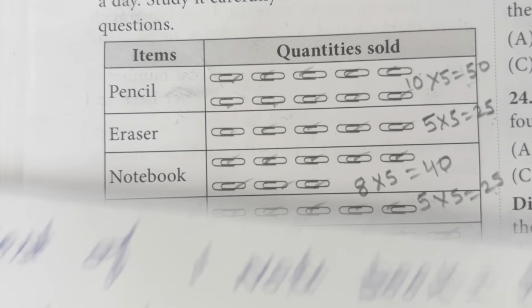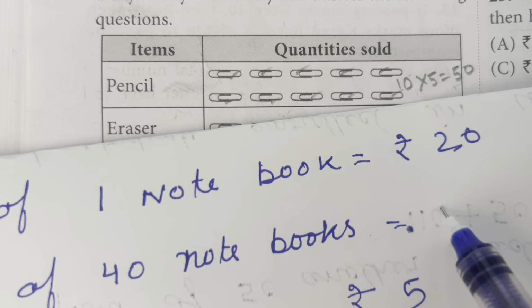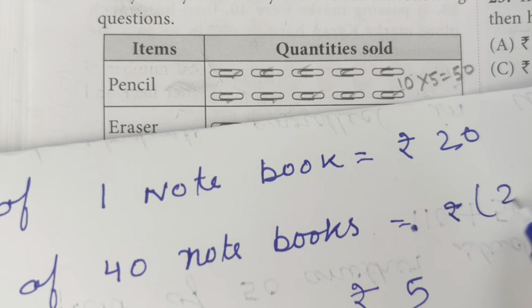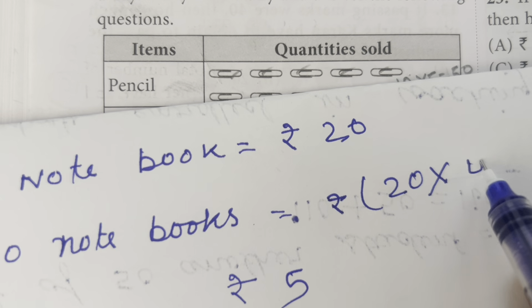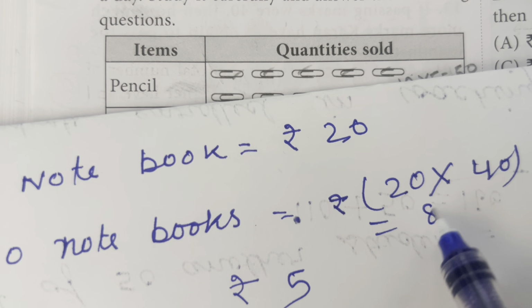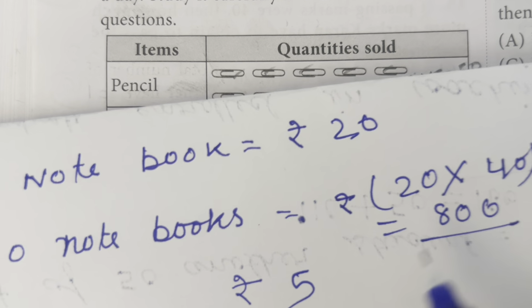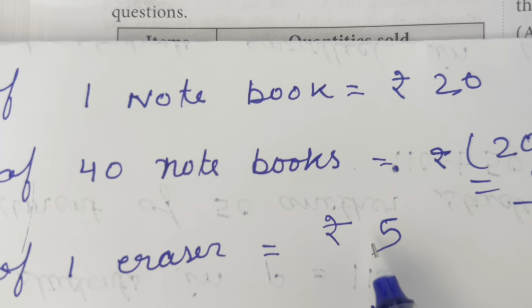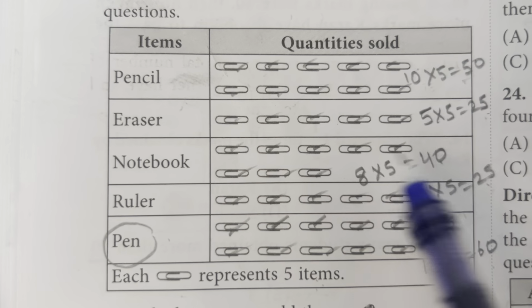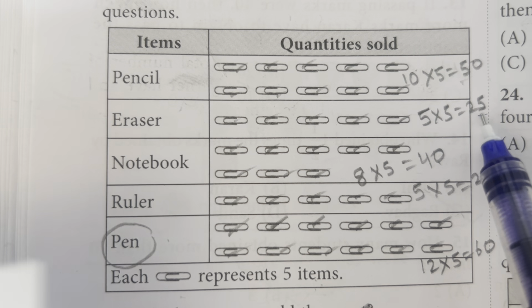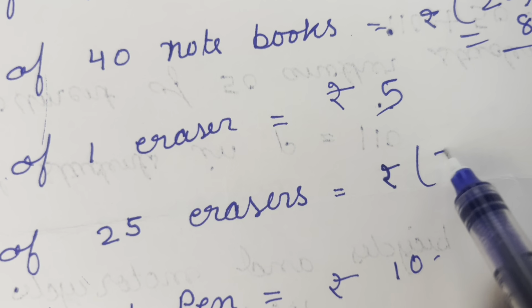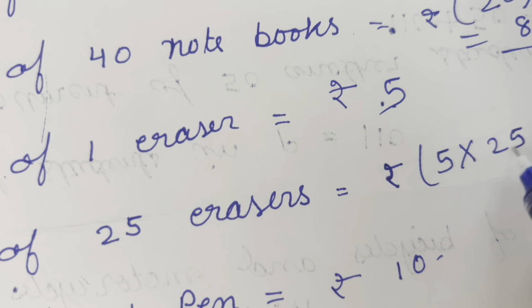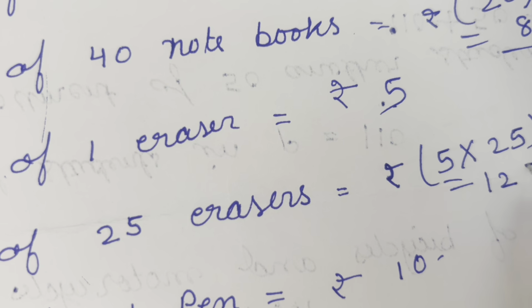So the cost of one notebook is rupees 20, then the cost of 40 notebooks is equal to what? Rupees 20 multiply 40 that is equal to 800. The cost of one eraser is rupees 5, and there are 25 erasers, so the cost of 25 erasers is rupees 5 multiply 25 that is equal to 125.